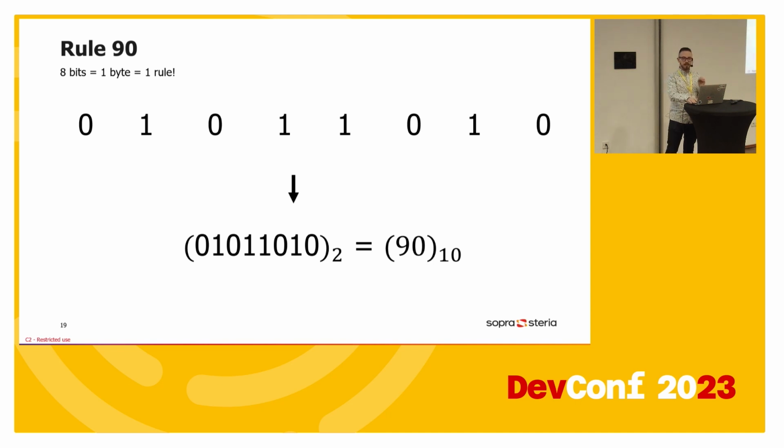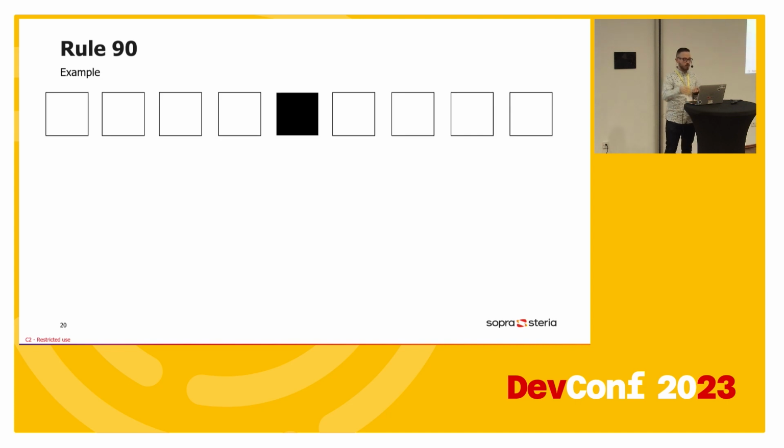But why is this specific rule very interesting? So let's have a look at how this Cellular Automata will evolve in time. So we have one row, it's our Cellular Automata, and we will check what will happen in the next generation when we would like to evolve all of the cells in our Cellular Automata. Let's jump to the cell in the middle.